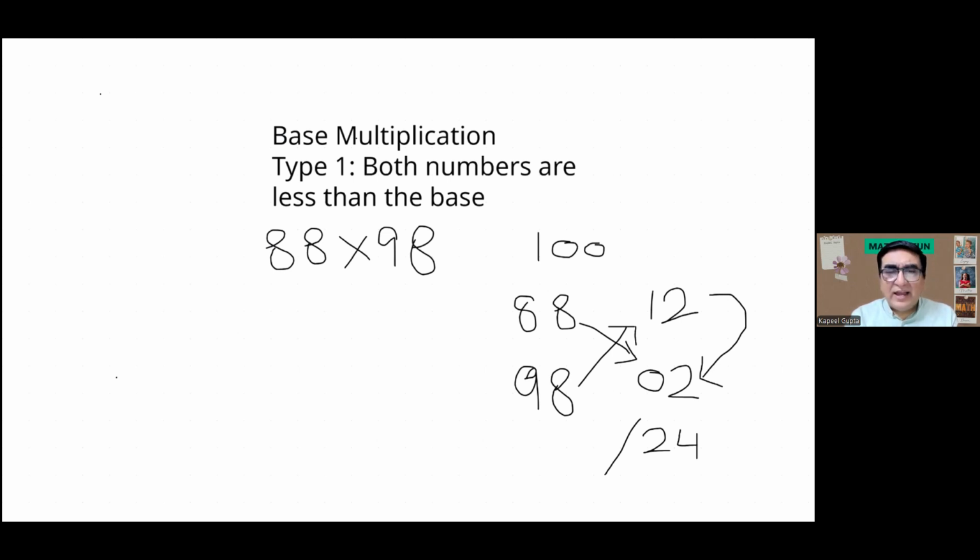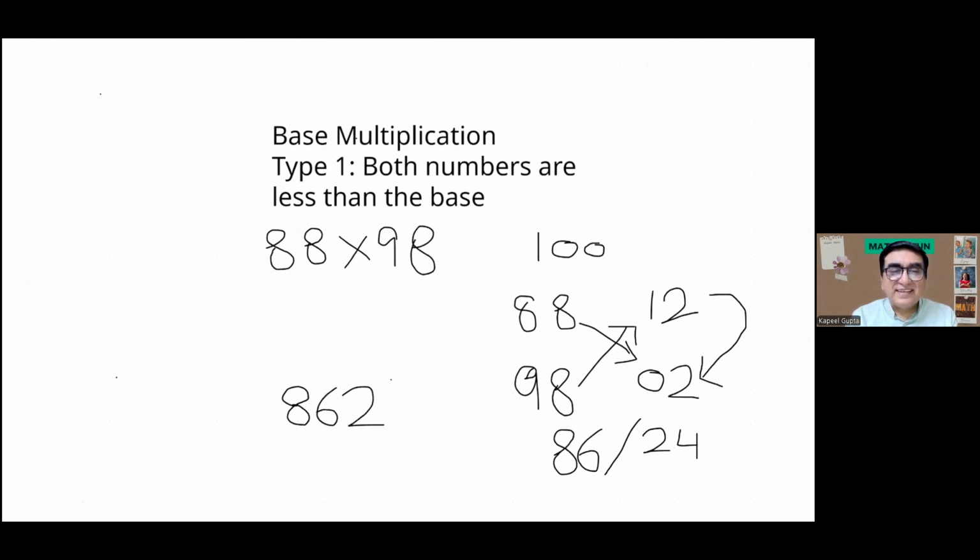So you can do either one, whichever you feel more comfortable with or smaller. So that is 86, and the answer to this is 8624.